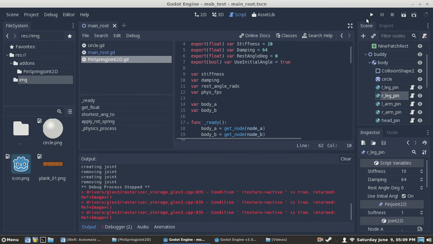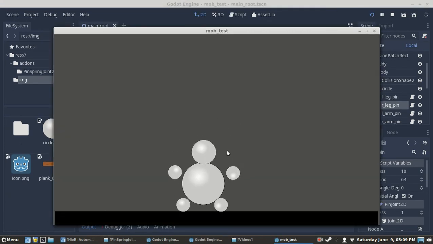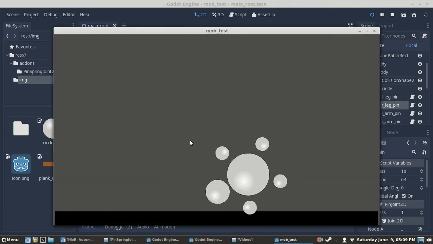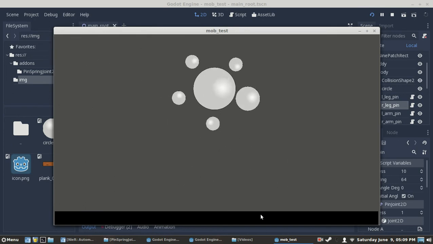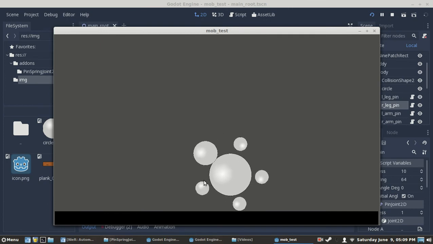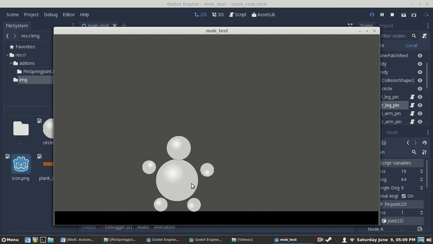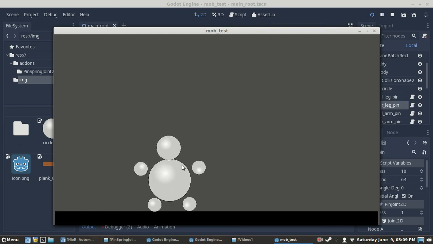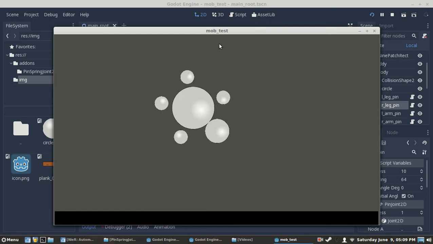Now if I spin it around a bunch of times again, it won't have that problem. Before, it was getting the angles wrong and the position was drifting slightly because of floating point imprecision. Now you see it's not sliding down like that.